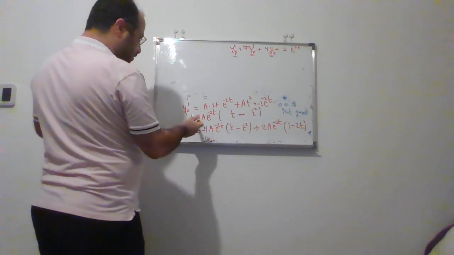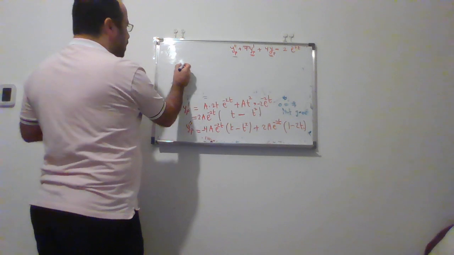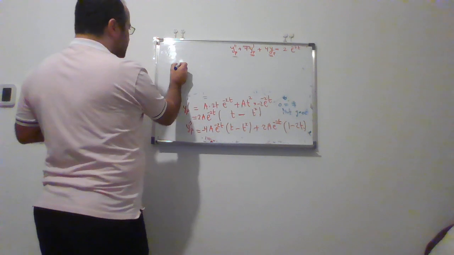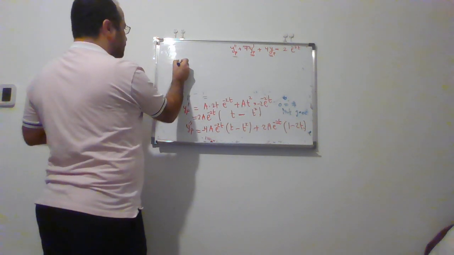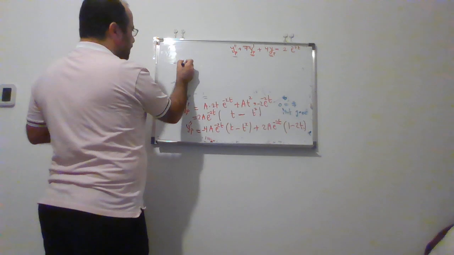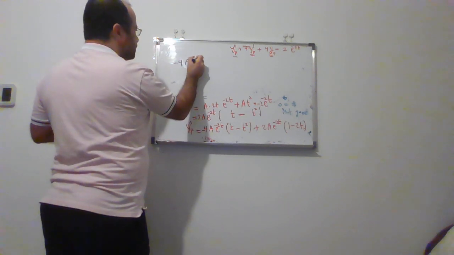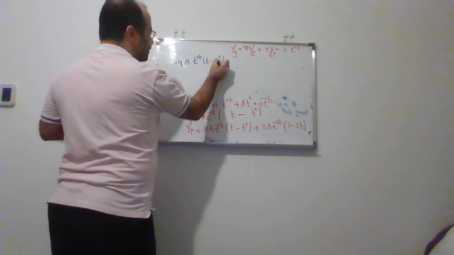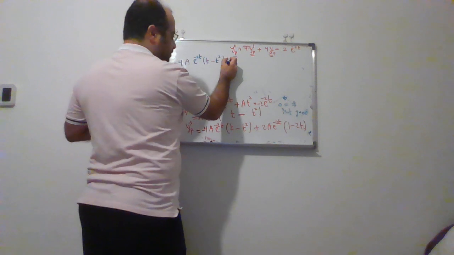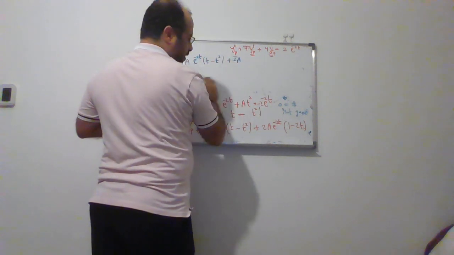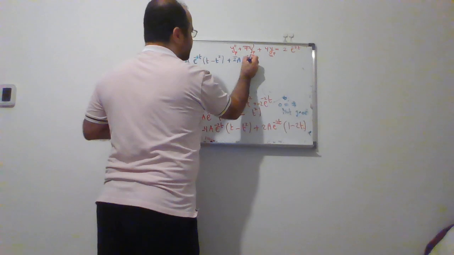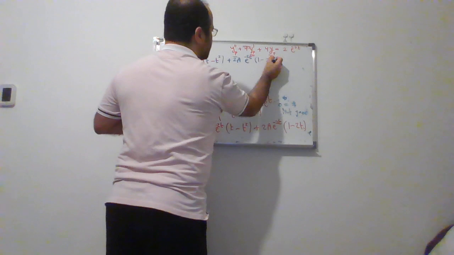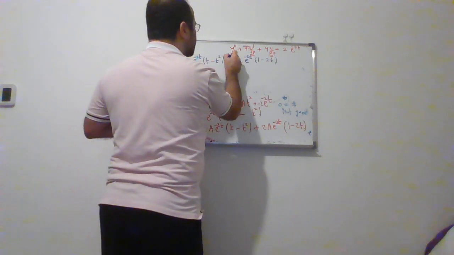Here is what I'm going to get for y particular double prime: this is minus 4a e^(-2t) times (t minus t squared), and then plus 2a e^(-2t) times (1 minus 2t). All that thing is this thing.